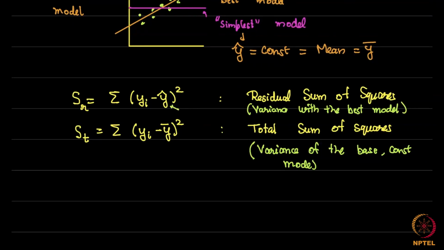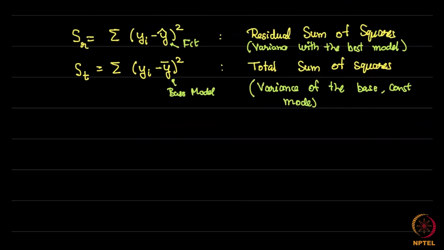Yes, this is my fit. This is my base model. Now we can compare SR and ST. So we can say a decent, scaled measure of error is SR by ST.